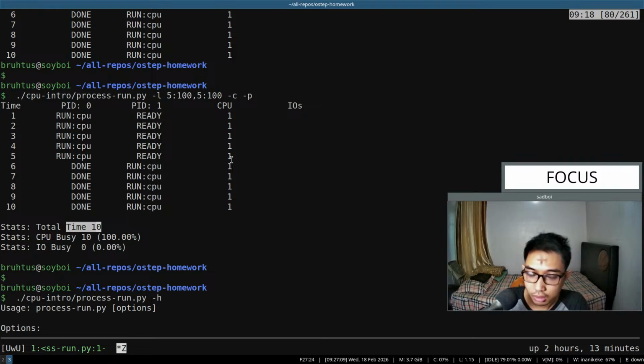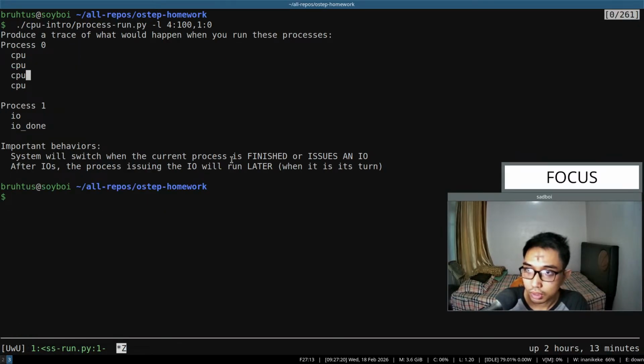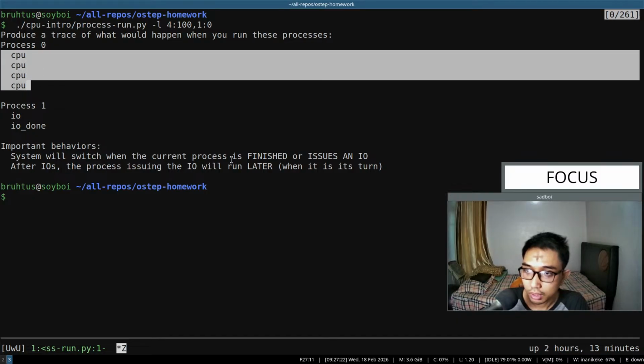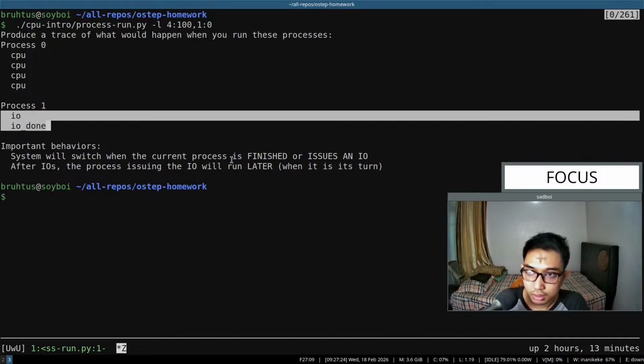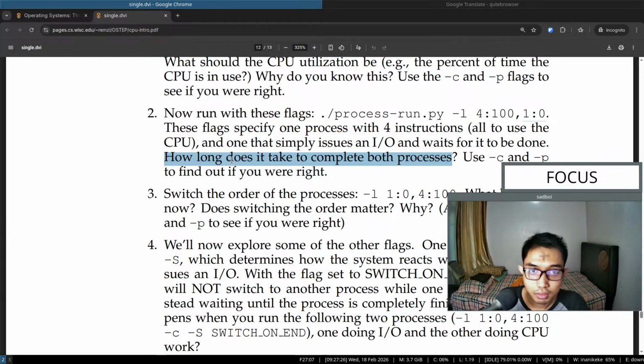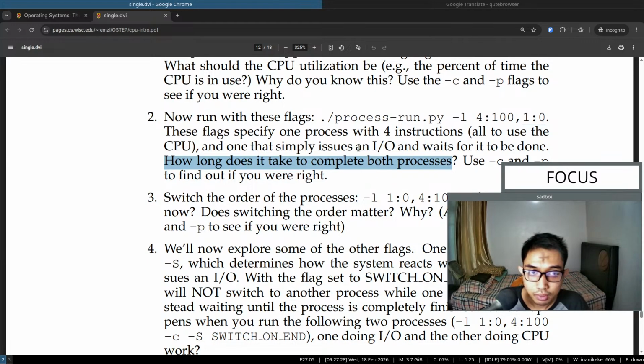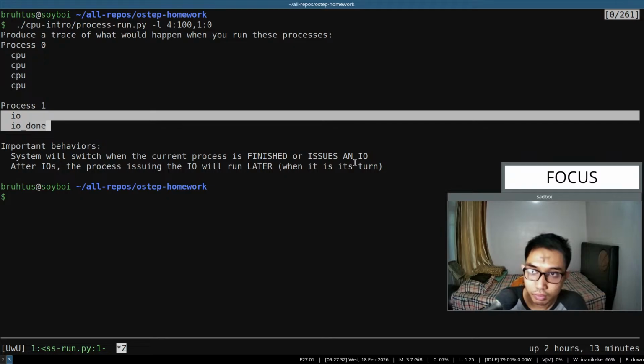Is it second or millisecond? Yeah, I'm not sure. So I assume this is for time, and this is that's simply an issue for it to be done.